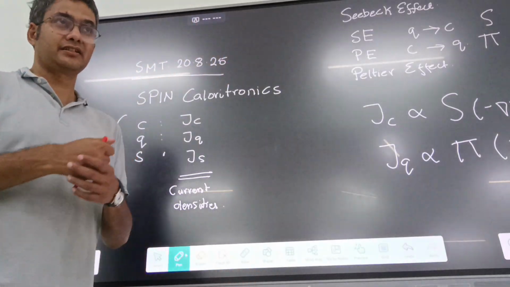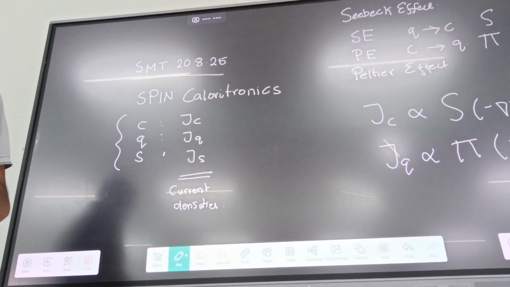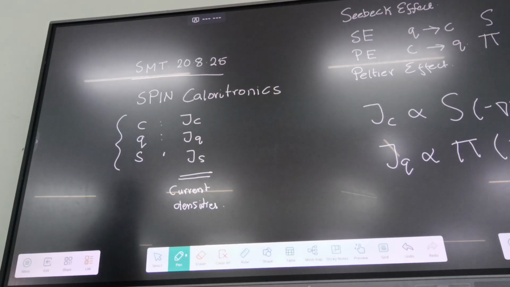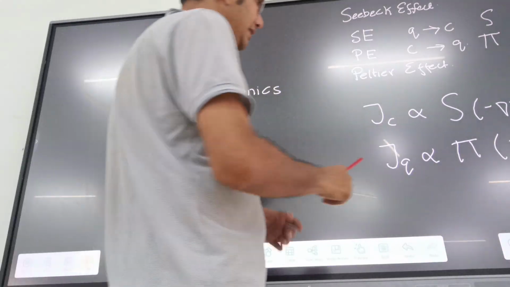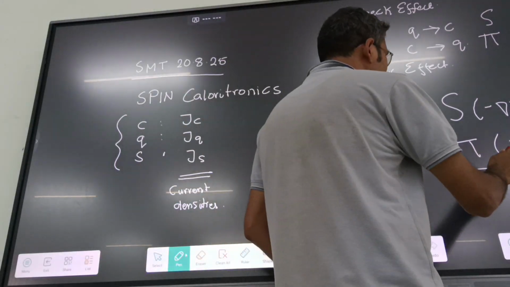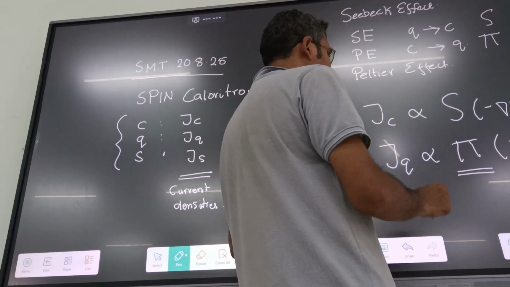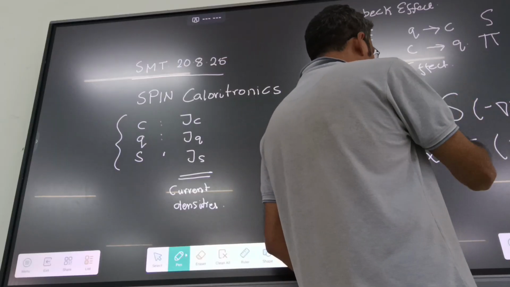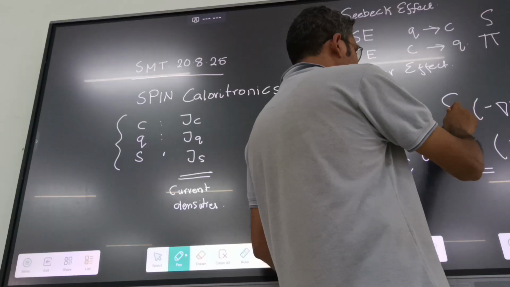Change in charge, if it produces heat, then it is called Peltier effect, and it is governed by this Peltier constant. Change in temperature, if it is causing a current, then it is a Seebeck constant.